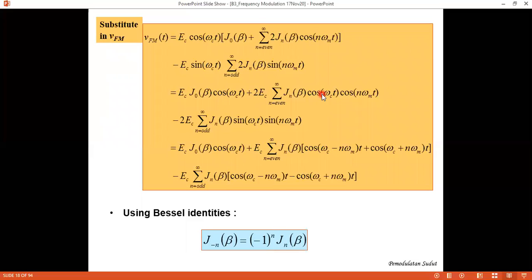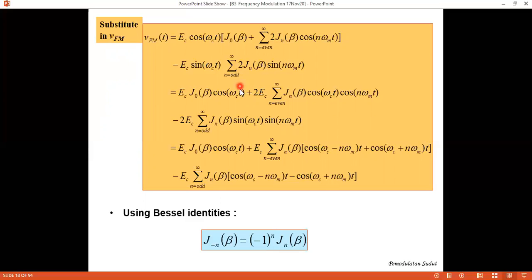Here we have cos A cos B and sin A sin B, so we expand them using the trigonometry identities: cos A cos B is equal to half cos(A minus B) plus half cos(A plus B), and sin A sin B is equal to half cos(A minus B) minus half cos(A plus B).